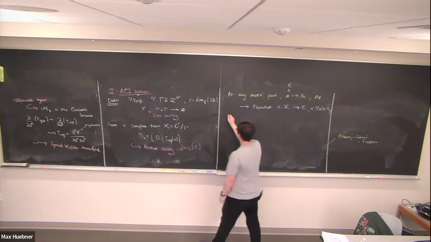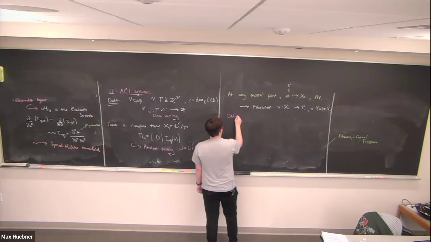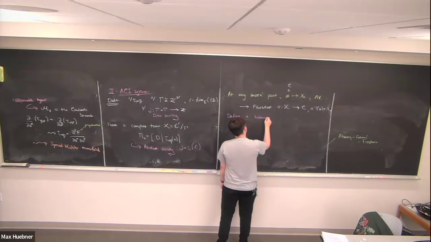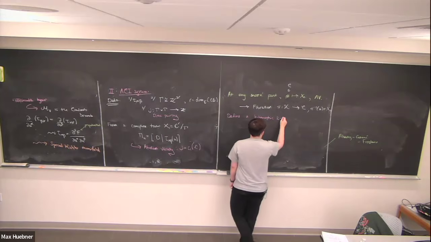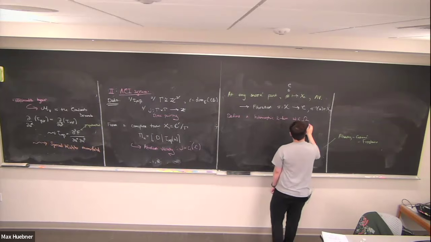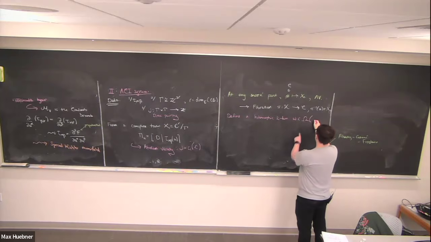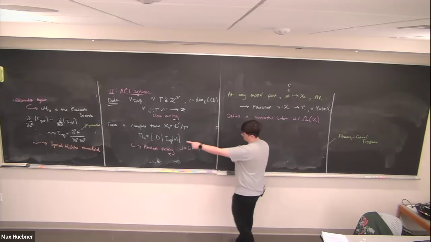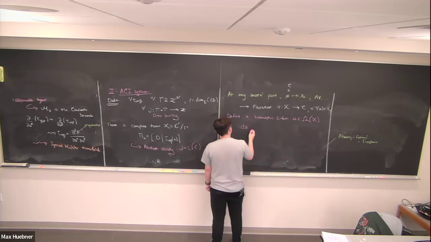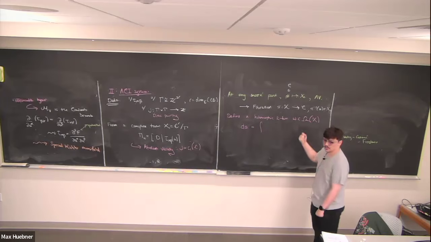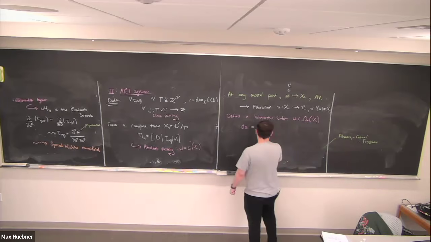Well, I can define a holomorphic 2 form, omega, on the total space. And I'm going to try and recover the special coordinates dA from some kind of fiber integral on the abelian variety.